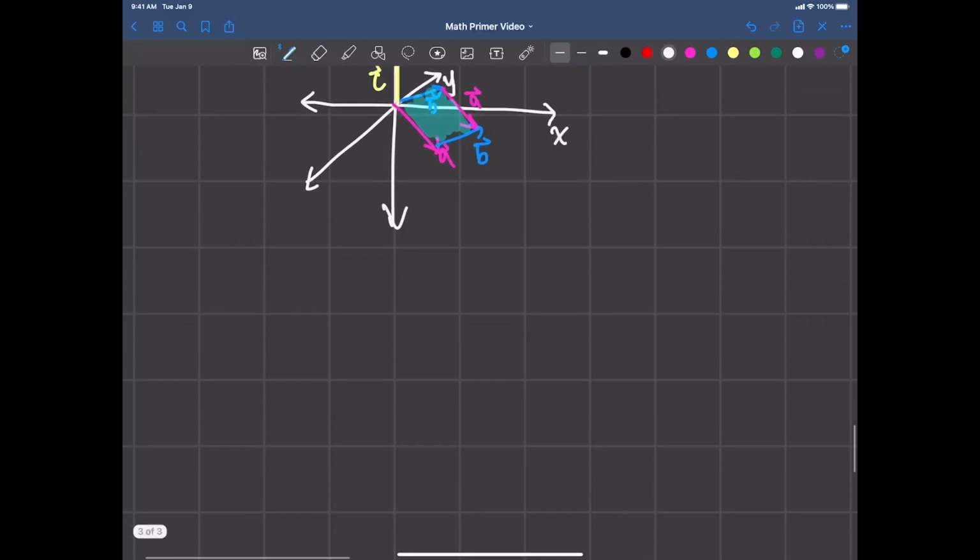You can visualize this with the right-hand rule, where your index finger is the vector A, your middle finger is the vector B, and your thumb would be A cross B.